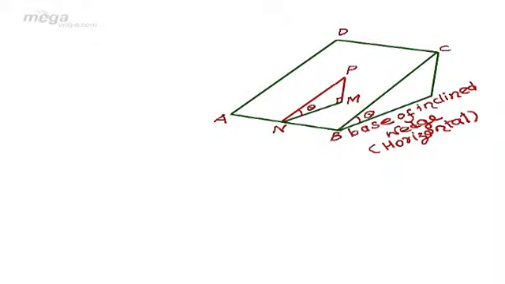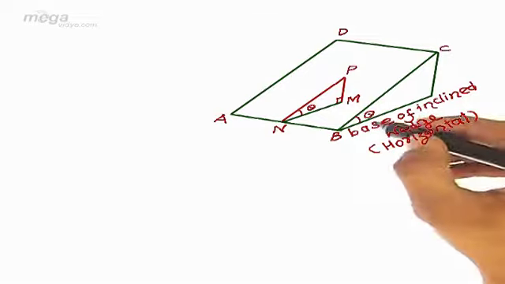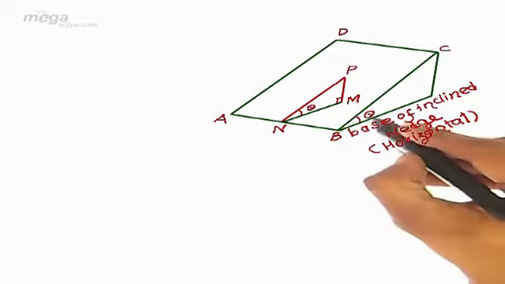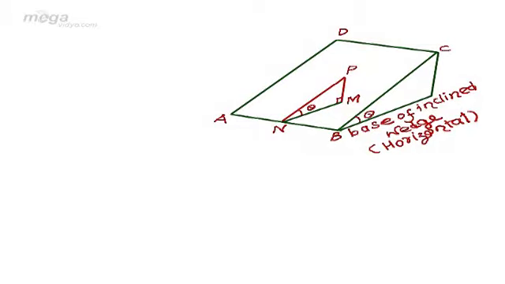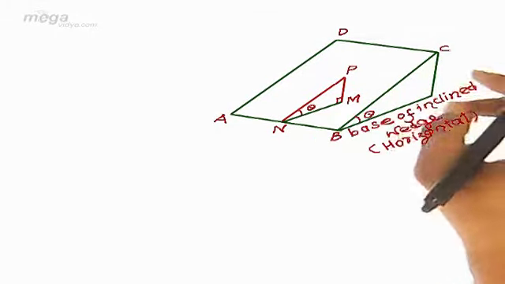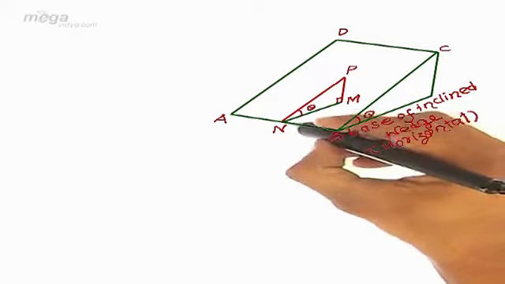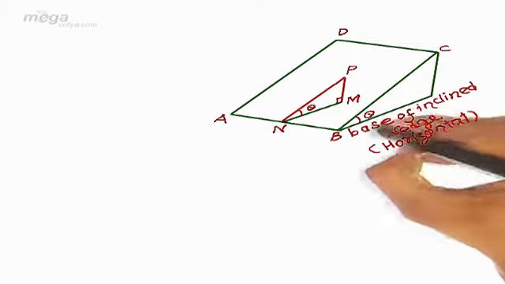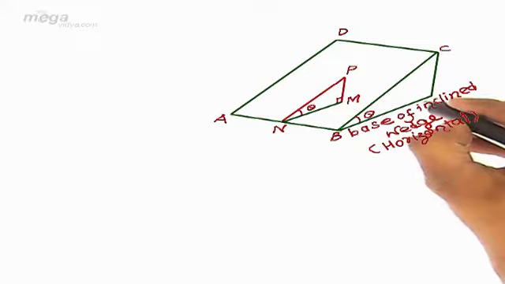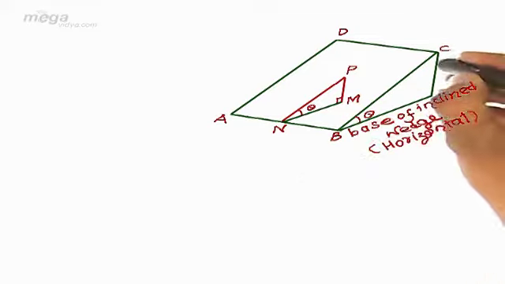Any plane which is inclined to the horizontal at a definite angle is said to be an inclined plane, and the corresponding angle of inclination is theta, which I have shown here. If we draw a line PN along the incline, this line makes the same angle with the base MN as the incline makes with BC.